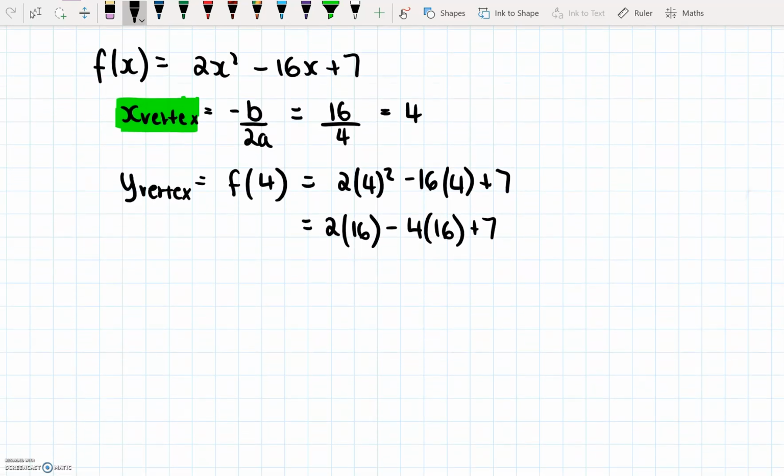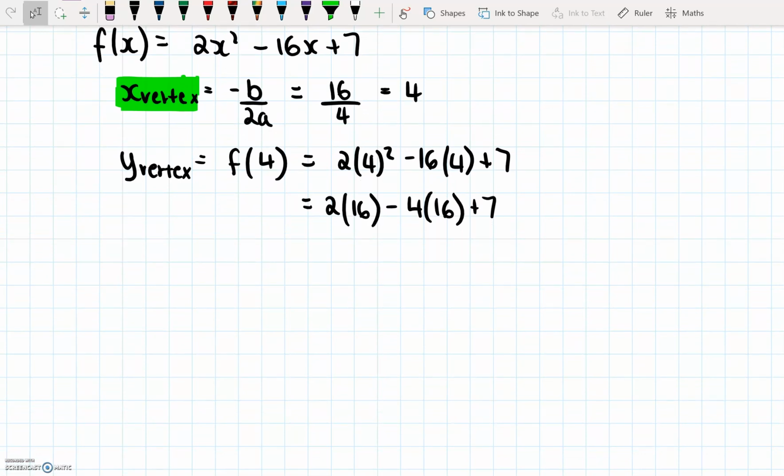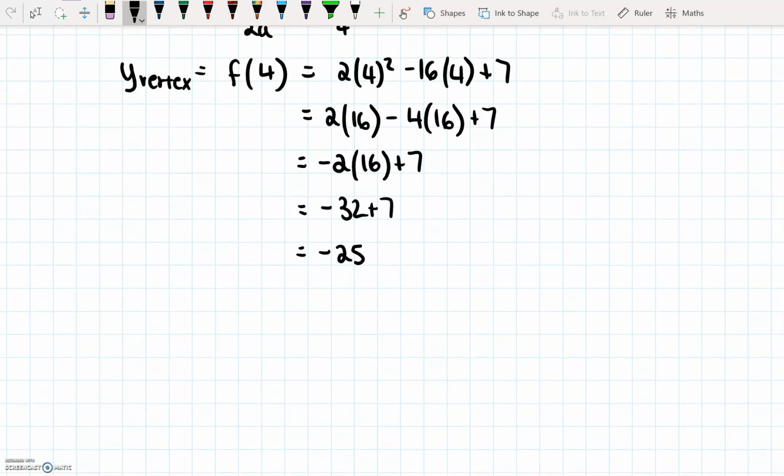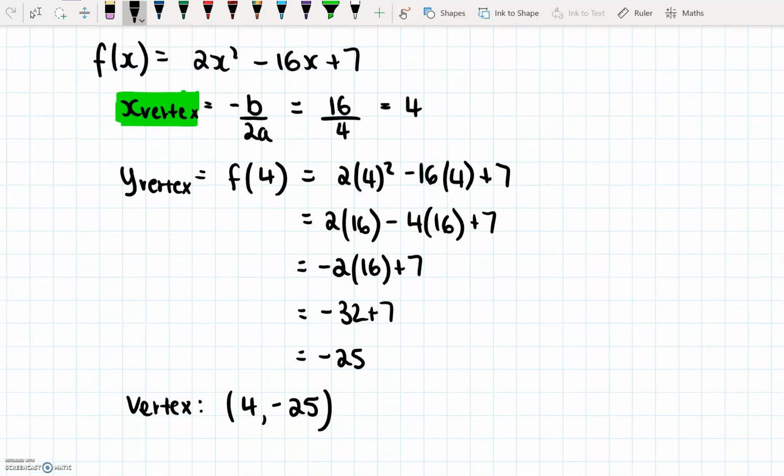Now you should be able to understand here, if you've got 2 times 16 minus 4 times 16, then we have minus 2 times 16 plus 7. It's a little bit easier than trying to calculate all of those, which gives us minus 32 plus 7, which is minus 25. Okay, so the vertex of this parabola is (4, -25). Right, and there we have it.